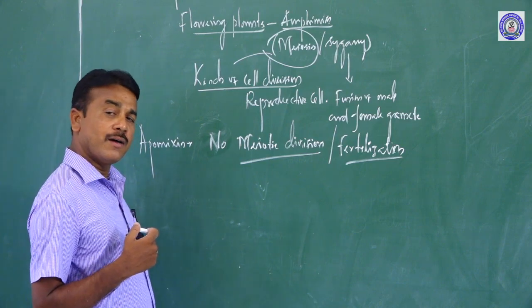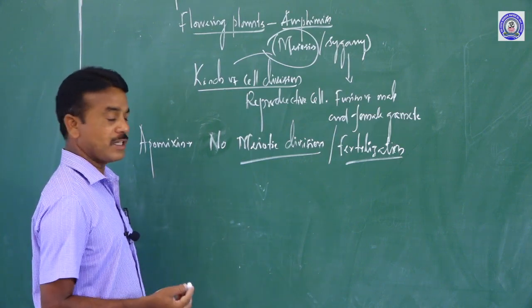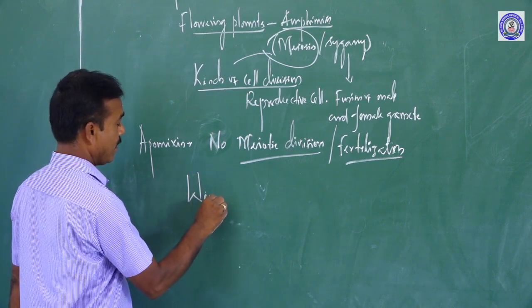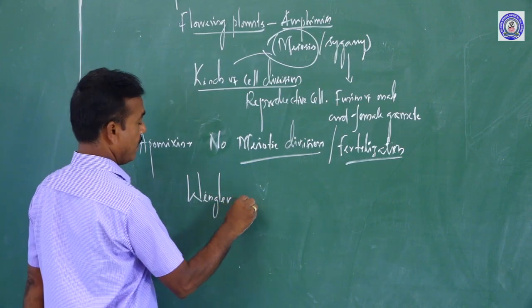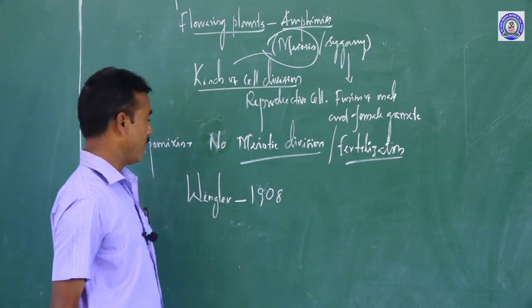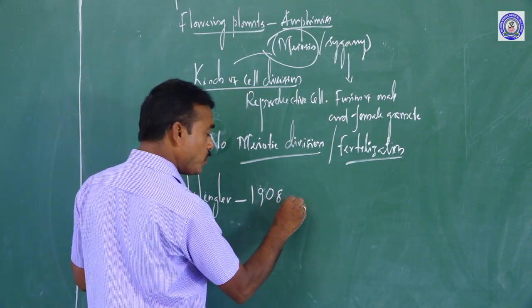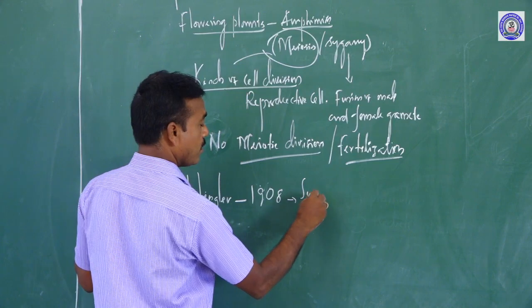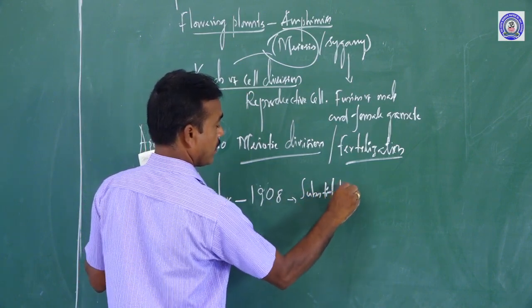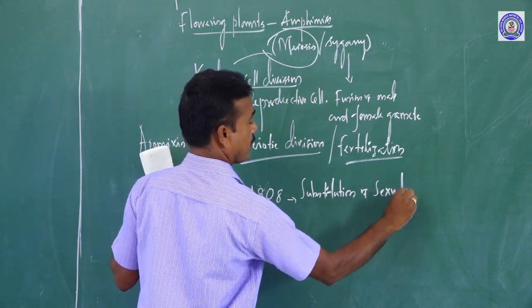Who first used the term apomixis? This was Winkler, in the year 1908. Apomixis is a substitution of sexual reproduction.